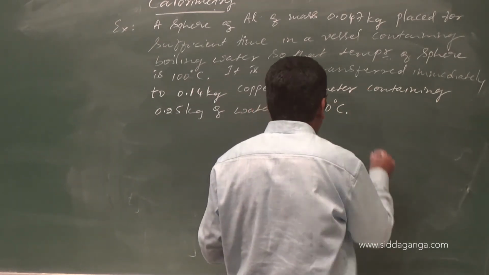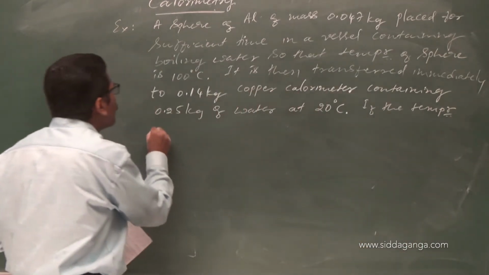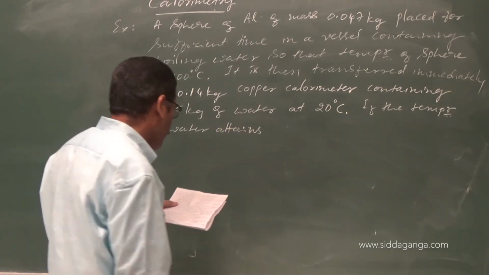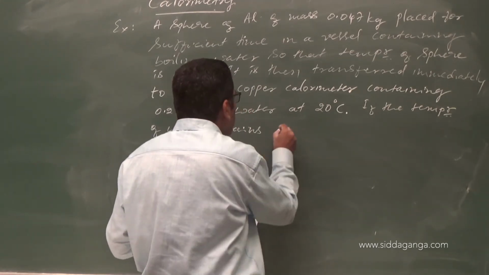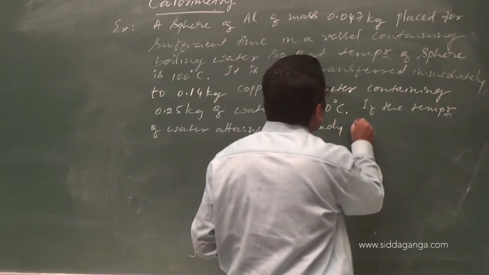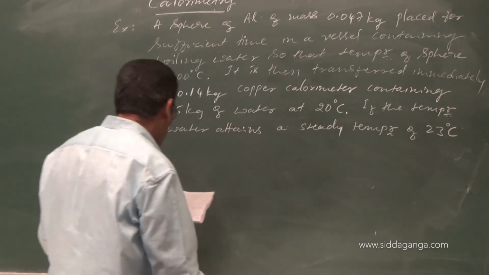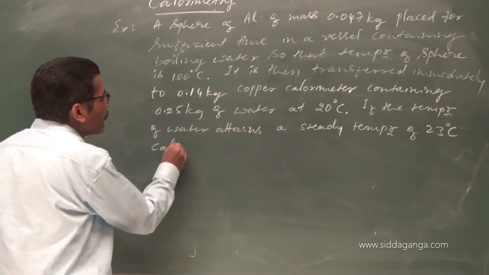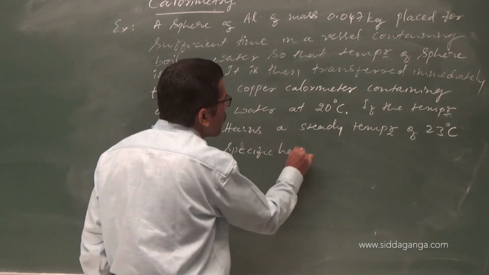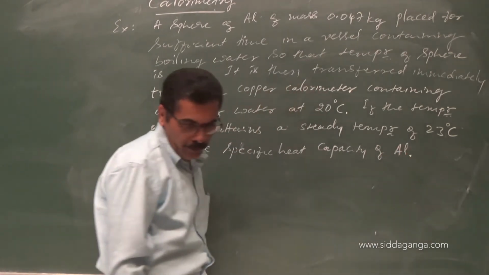If the temperature of water attains a steady temperature, steady means constant, a steady temperature of 23 degrees Celsius, calculate specific heat capacity of aluminum. Okay. See, this is our task.